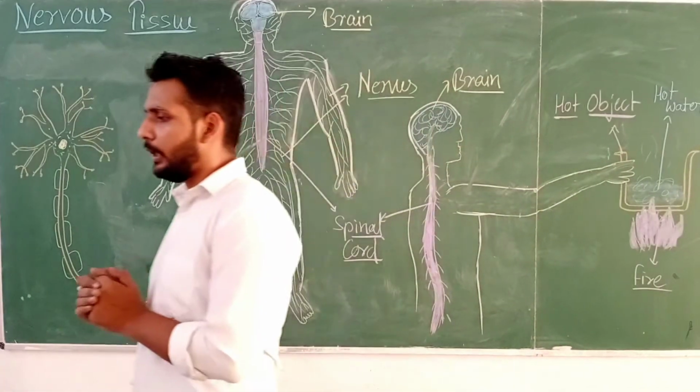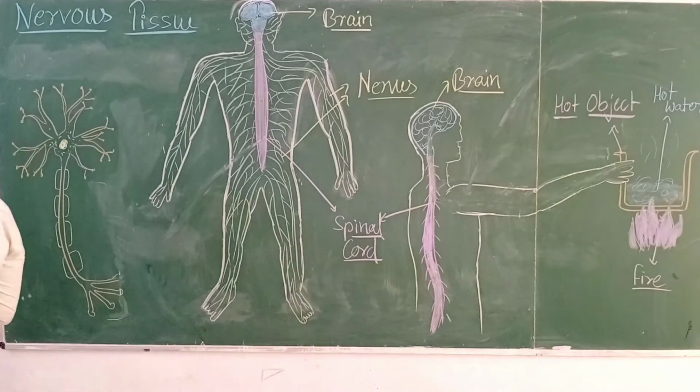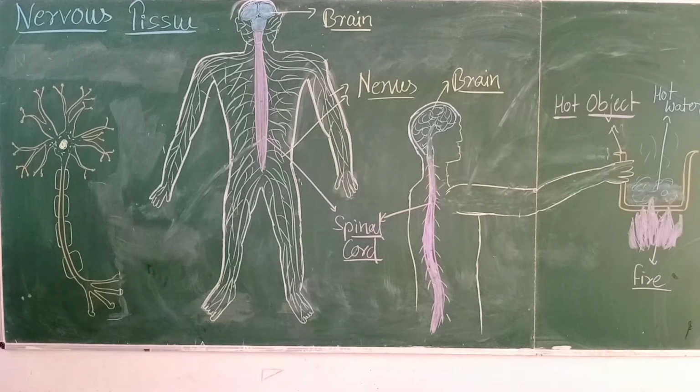We are going to study today nervous tissue. Nervous tissue is the specialized tissue which is specialized for receiving stimuli and transmission or conduction of these stimuli, known as electrochemical nerve impulse.